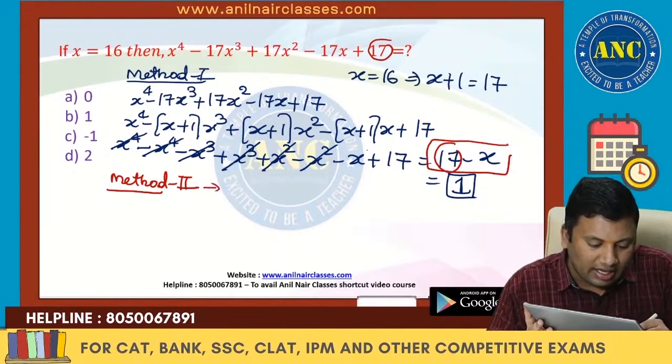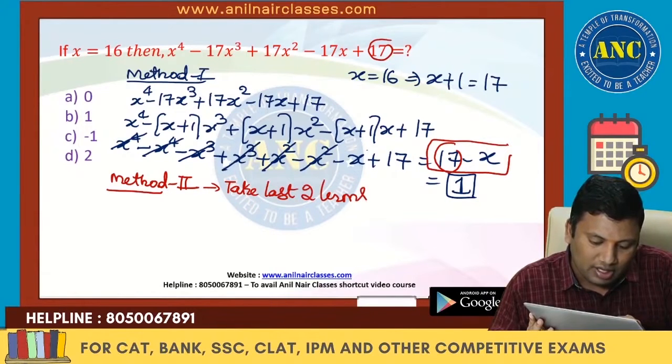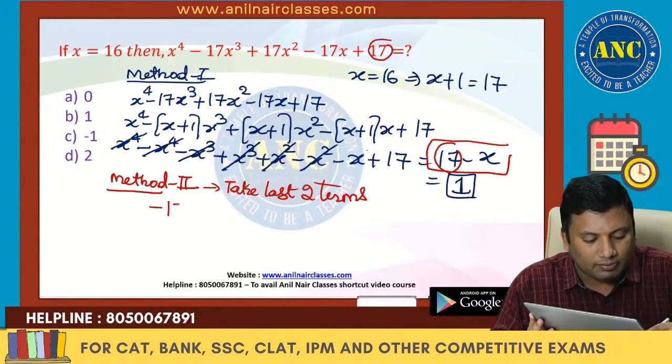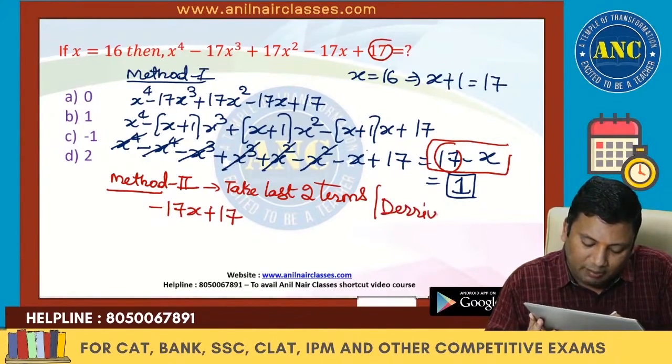So, in these kinds of problems, take the last two terms. I will tell you why we are taking the last two terms. If we take the last two terms, minus 17x plus 17. This method 2 is derived from method number 1.